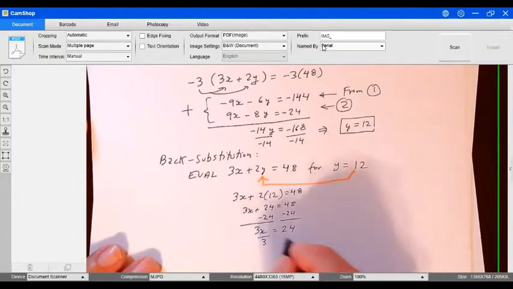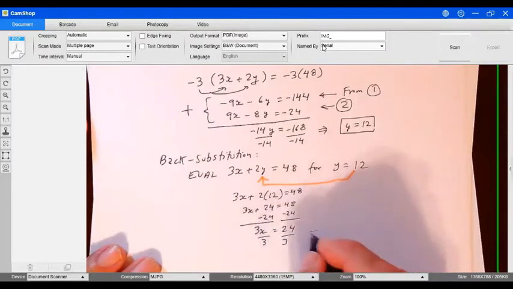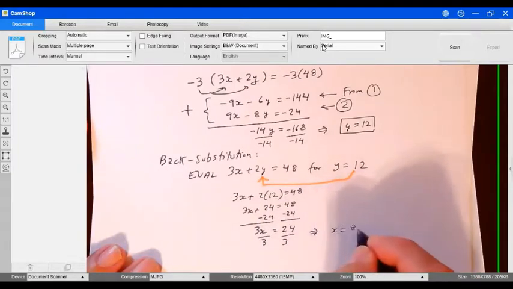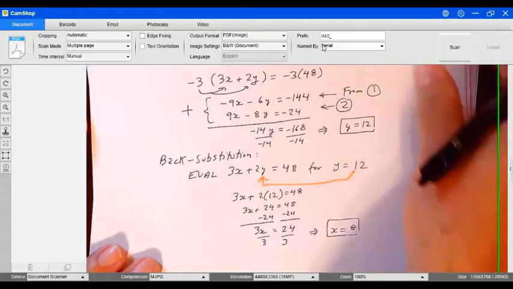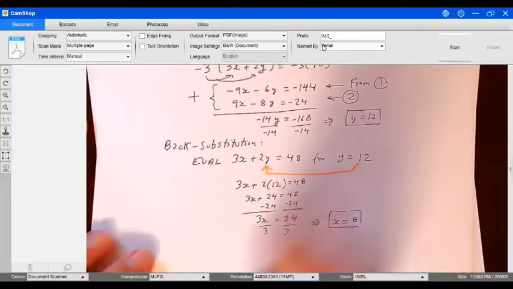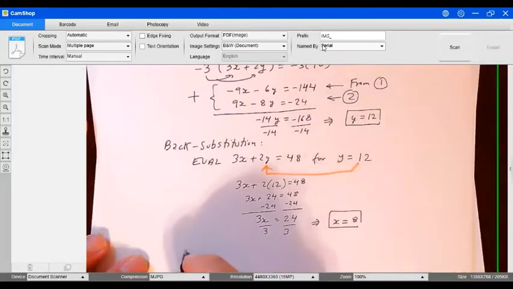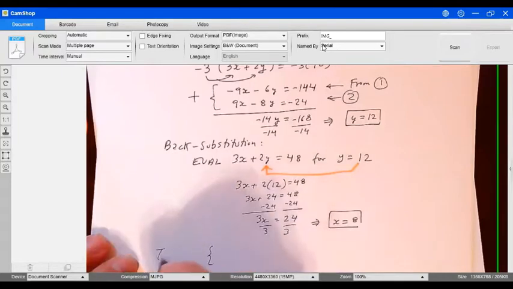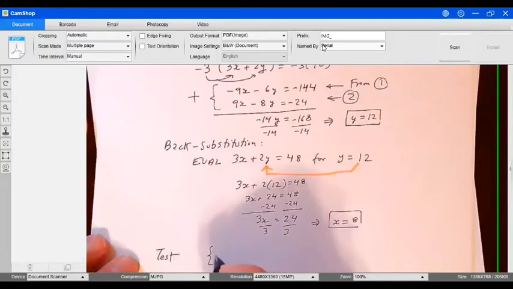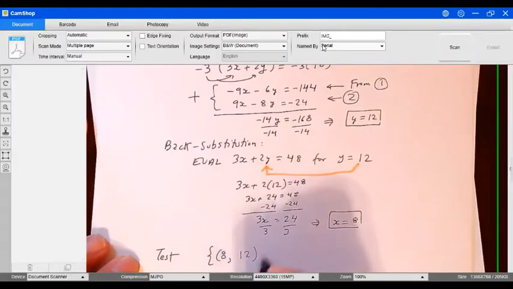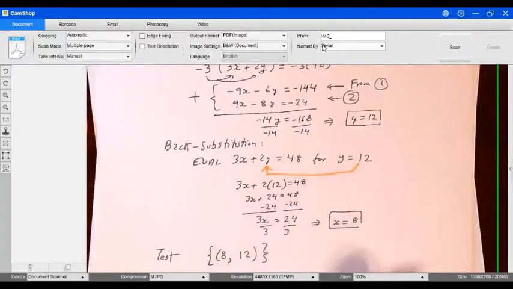We divide by 3, so we get x equals 8. So now we have a solution. So we need to test the solution, which is a point with coordinates 8, 12. So that's what we need to know about the addition method.